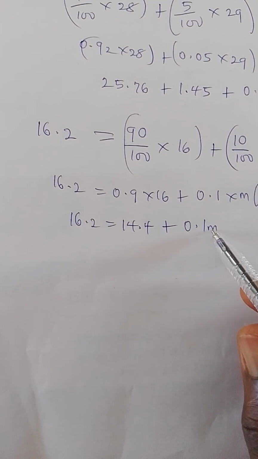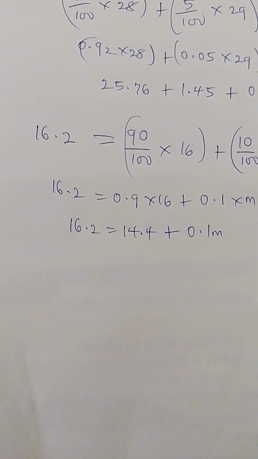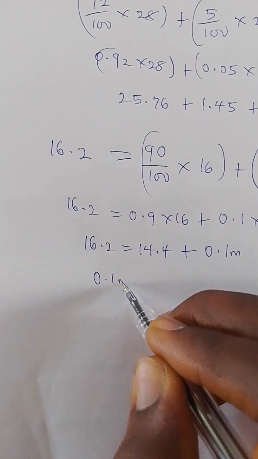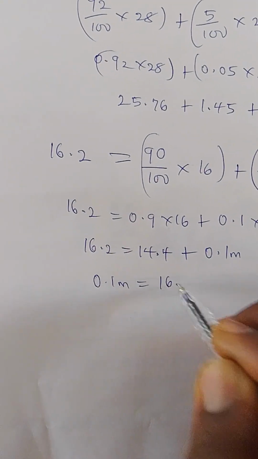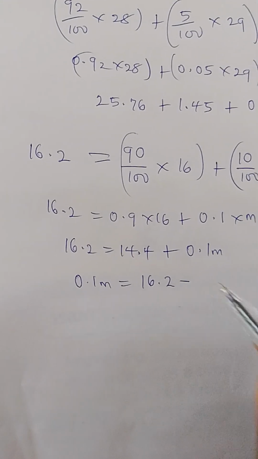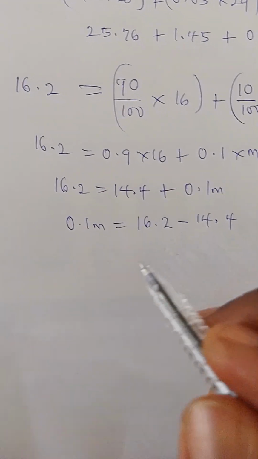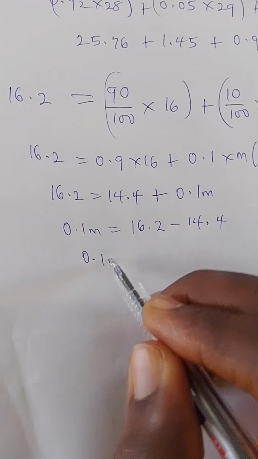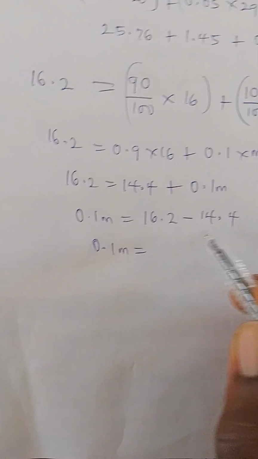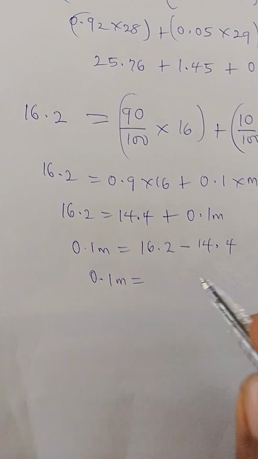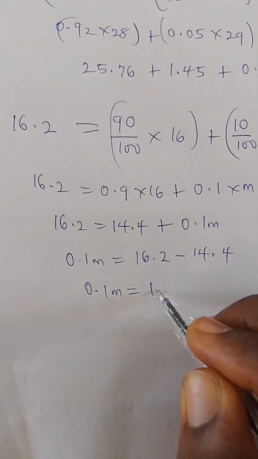So we have to collect like terms here. That will give us 0.1 M equals 16.2, crossing to the other side, minus 14.4. So this will give us 0.1 M equals 16.2 minus 14.4. You punch that, that will give us 1.8.